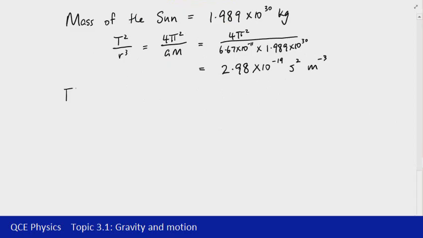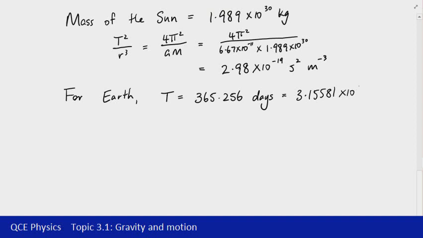Now if we consider Earth, so this is now looking at one of the planets that orbits the Sun, the sidereal period is 365.256 days, and that corresponds to a time of 3.15581 by 10 to the 7 seconds.